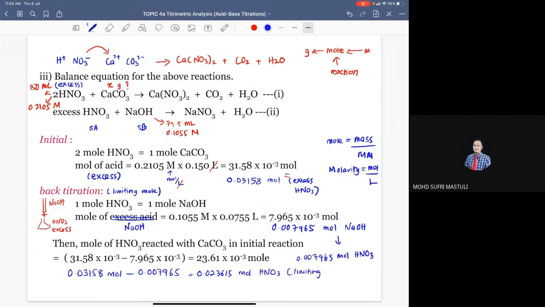So this one is limiting. When you know the limiting mole of nitric acid, you can use it back in the first equation. You know 2 mole of nitric acid will react with 1 mole of calcium carbonate. So you can determine the mole number of calcium carbonate.